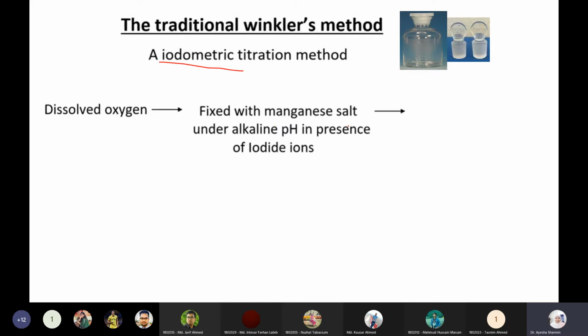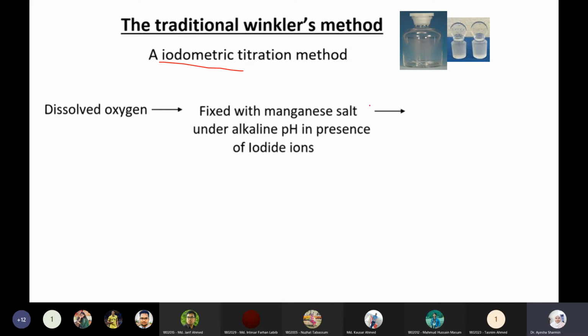However, what we are going to do, we are trying to make a precipitate with it. Okay, so under alkaline pH, this manganese salt will form manganese hydroxide in the presence of iodide ions. And the solid manganese hydroxide can interact with the dissolved oxygen and can make manganate, that means manganese plus 4, or it can go through a trivalent manganese, Mn(OH)3, and then form the Mn plus 4.